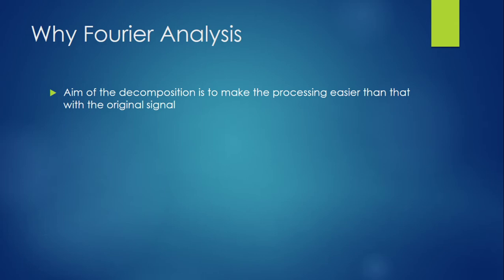We have discussed at length in our previous lectures that we decompose signals to make the processing easy. The processing of the original signal may be complex, may be difficult. We decompose into some other signals and do the processing, which is easier. Similarly is the case with Fourier analysis.